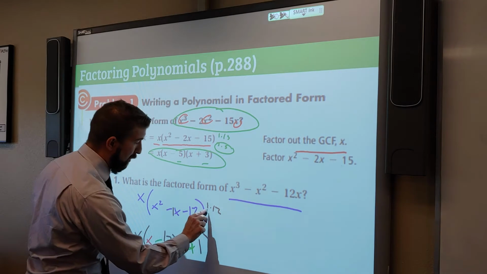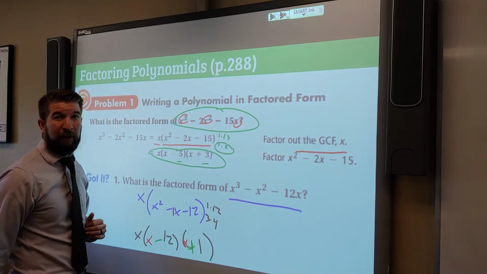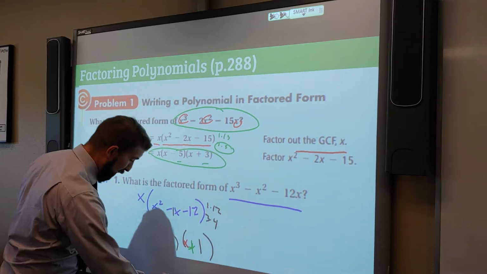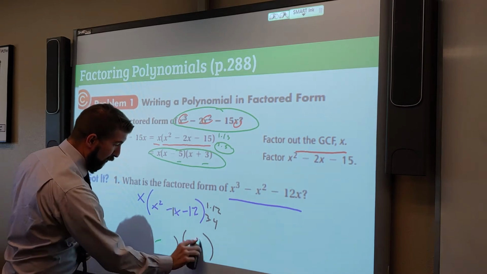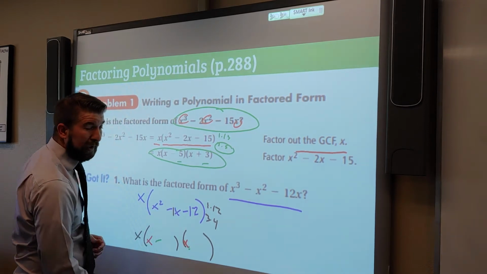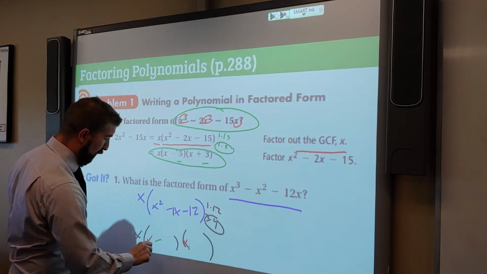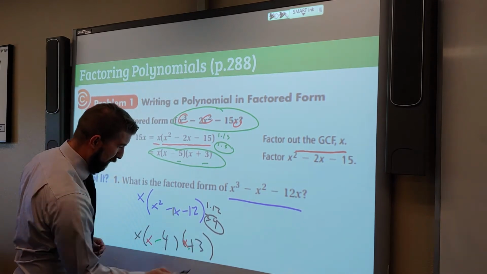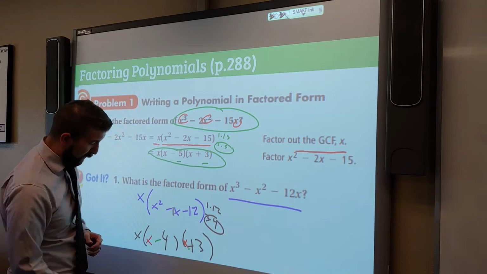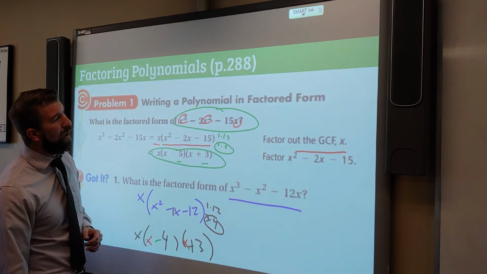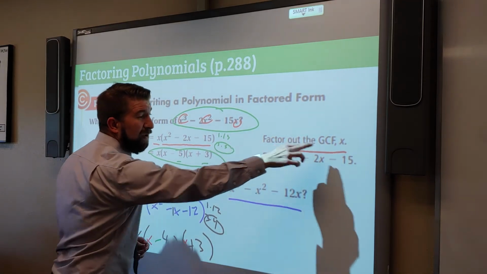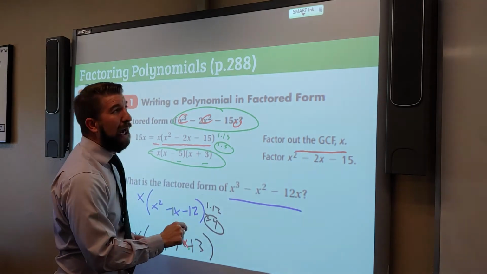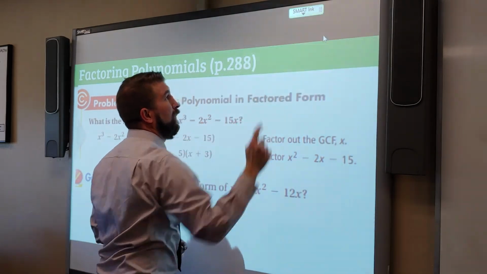Or 3 and 4 work. All right? My bad. 12 minus 1 is 11. So, 4 and 3. I apologize for that. x minus 4, x plus 3. Hey, there we go. The green pen wasn't cooperating, but the black pen was. So, factor out the x, and then factor as we learned a couple weeks ago.